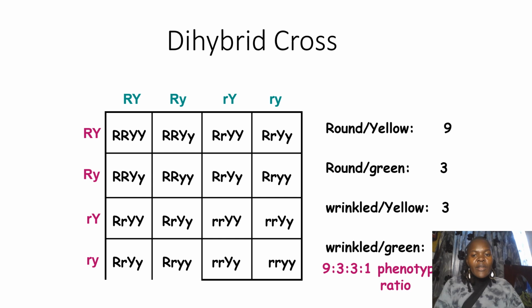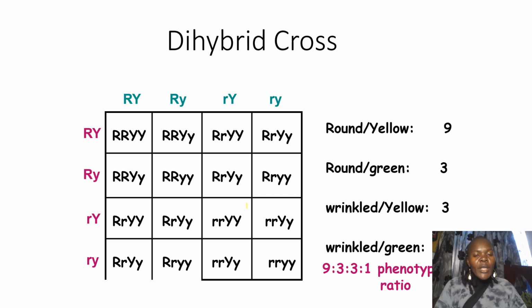But generally what will tell us much of the phenotype is when you have the capital R, capital Y, it talks about round and yellow. So even in the case where we have capital R, small r, capital Y, small y, it will still be round and yellow because the law of dominance will apply. Only where you have small y, capital R, it will be round green. Then we will have wrinkled yellow.